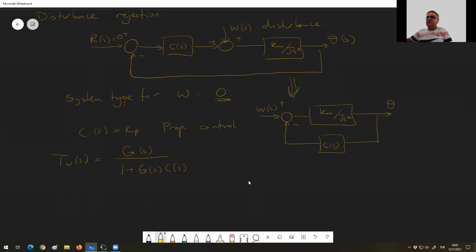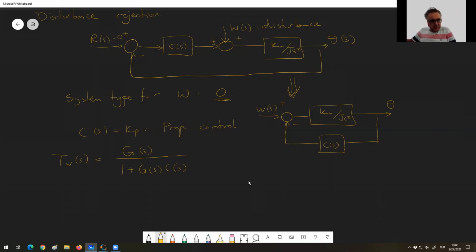This system, if R of S is 0, is what we have. We have a feedback system with the controller in the feedback, and the closed loop transfer function of that system will be like this: G of S over 1 plus G of S, C of S. Hocam, this is valid if we have R of S equal to 0, right? Yes, exactly. Because we have eliminated R, this circle can be removed from here. Since this is not here, instead I have put C of S here.